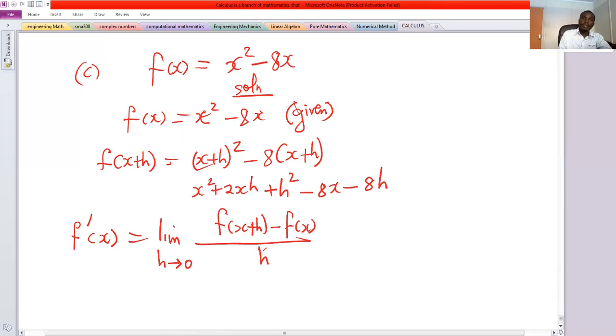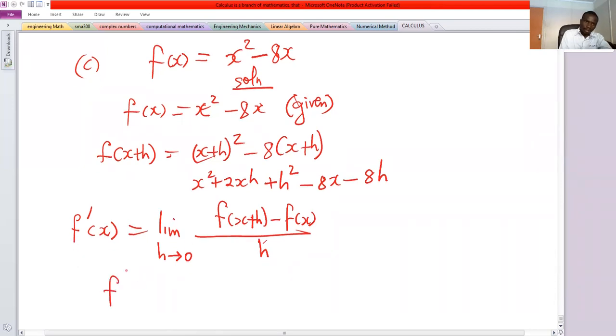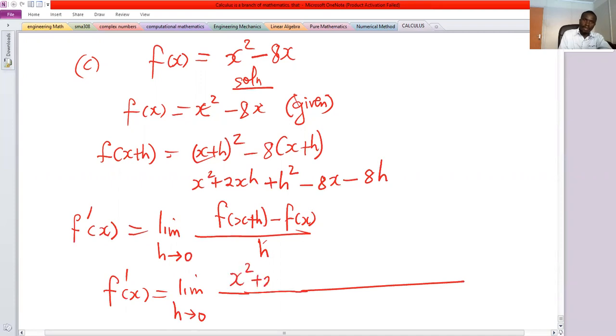So replacing the values, f prime of x will be the limit as h approaches 0 of x squared plus 2xh plus h squared minus 8x minus 8h minus x squared, but then this minus will be plus 8x, divided by h.